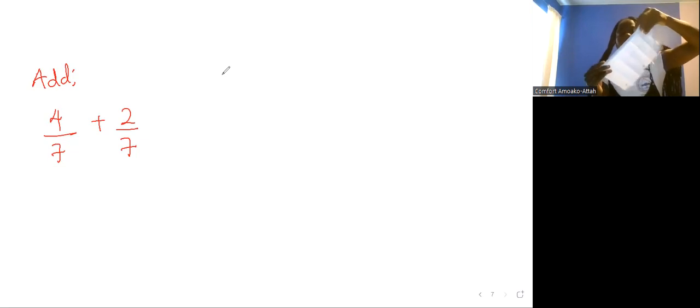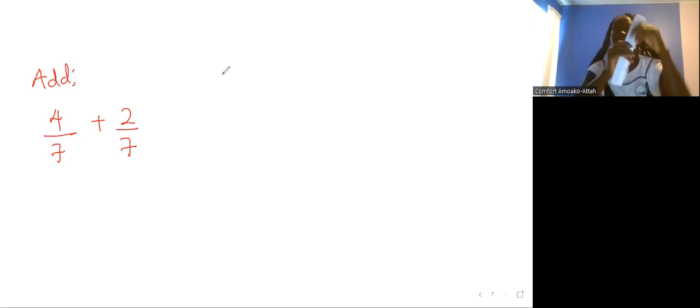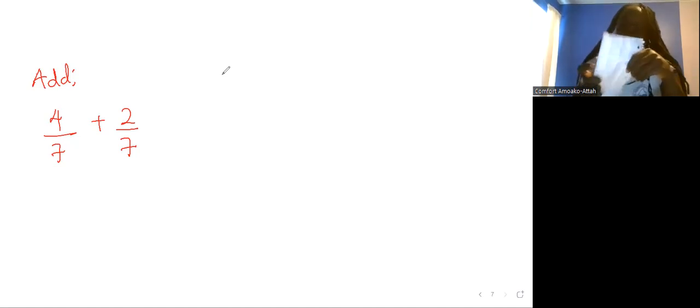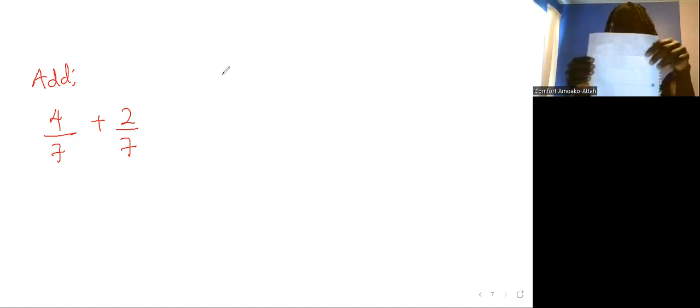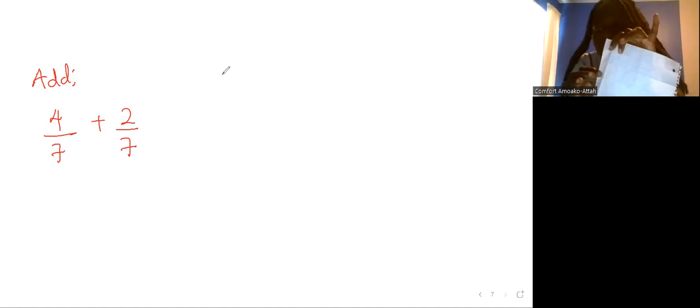So 1, 2, 3, 4, 5, and 6. So I try to get 7 foldings, divisions. Okay, so we are getting our 7. 1, 2, 3, 4, 5, 6, 7.